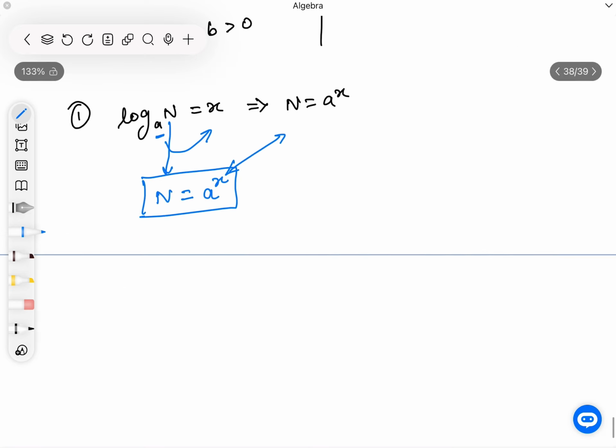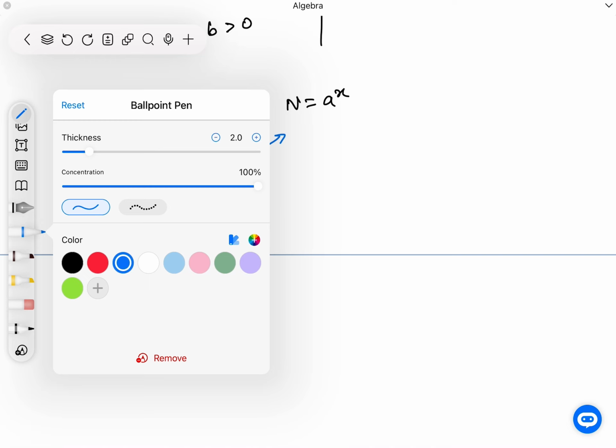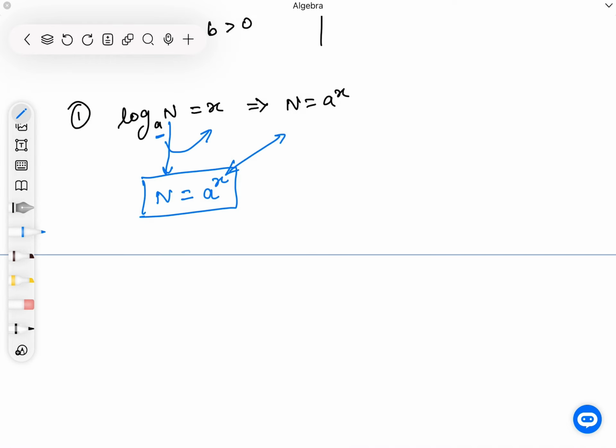Okay, we will come back to that again. But yeah, this is the very basic property of any log that is out there. So you have to remember this. Now we can draw some conclusions because of this. If I have log a of a, what do you think the value will be? It will be 1, right?